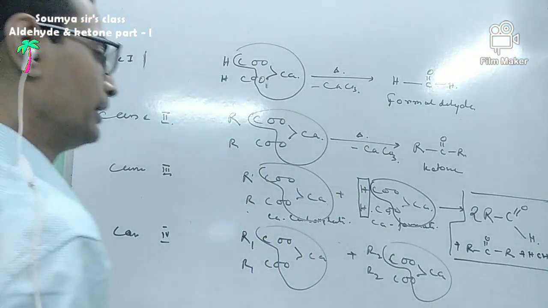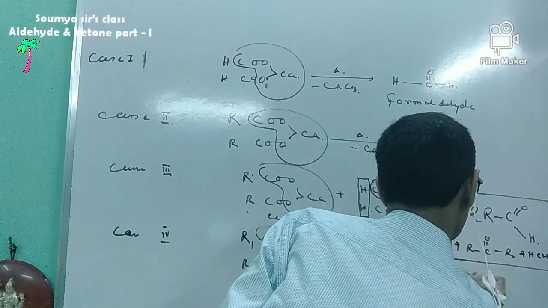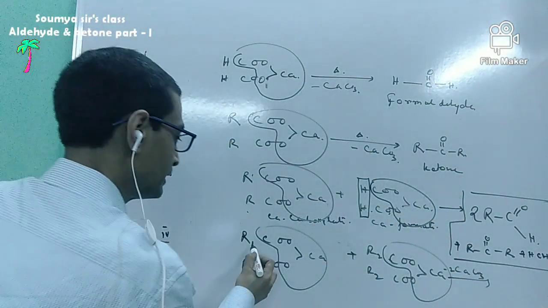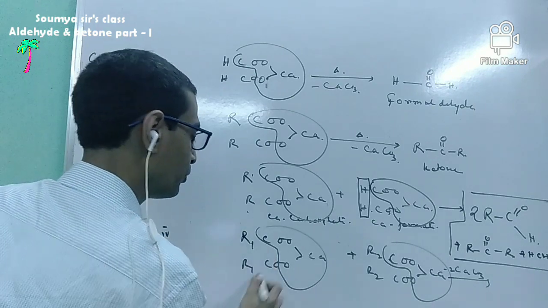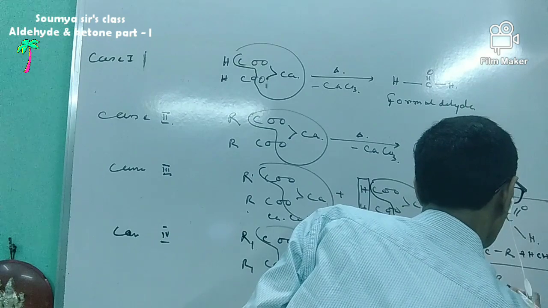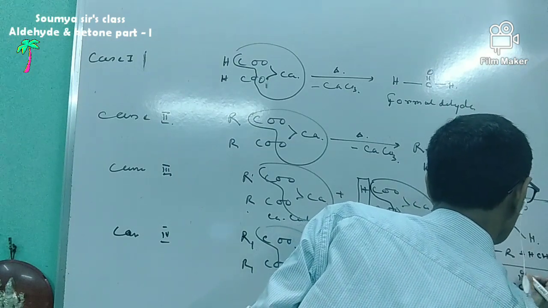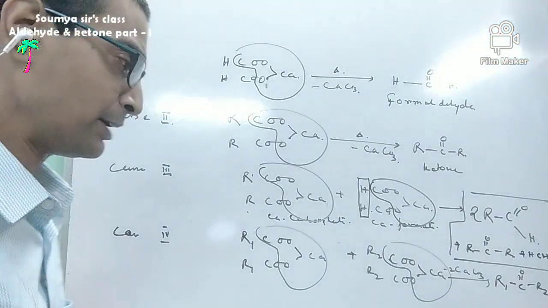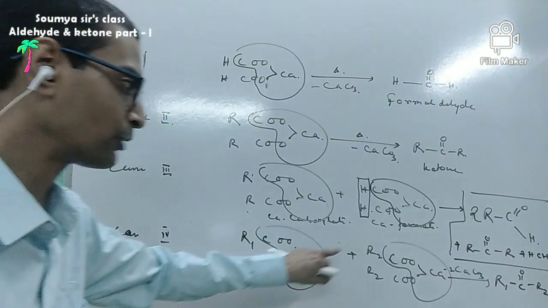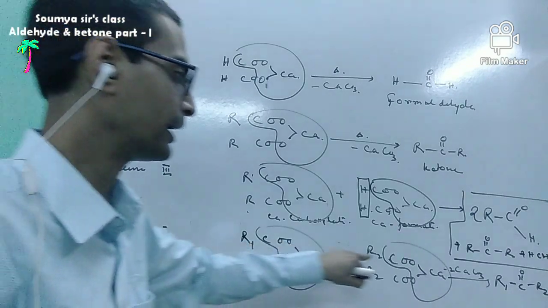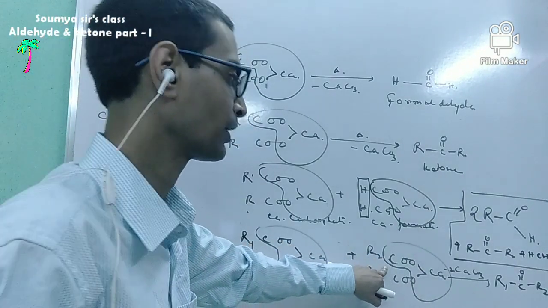The R1CO group combines with the R2CO group to form a mixture of ketone, that is R1COR2. Remember again the two types of calcium carboxylate salt: one is (R1COO)2Ca and another is (R2COO)2Ca. They will give the R1 and R2 parallelly to form a ketone.